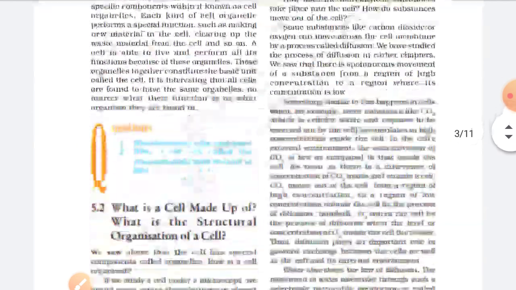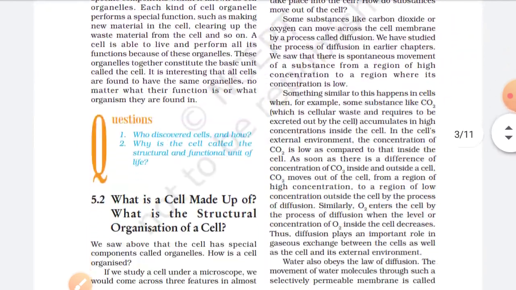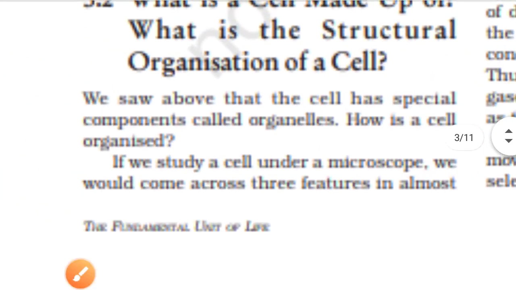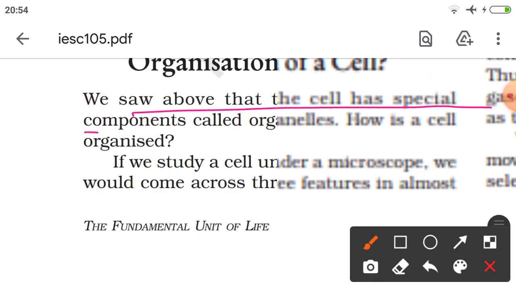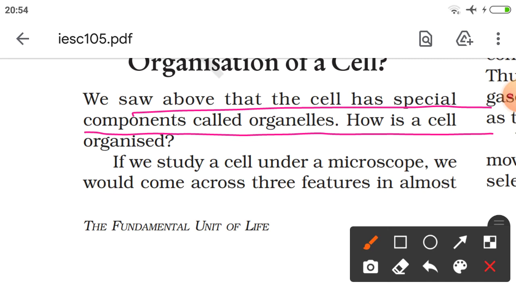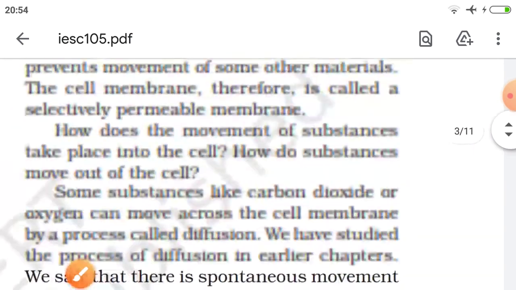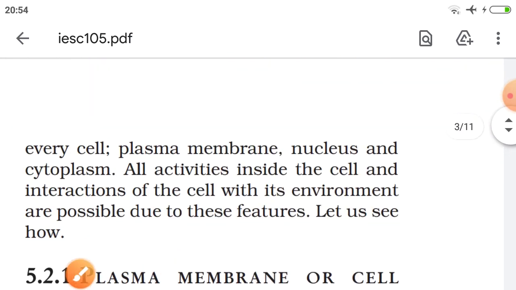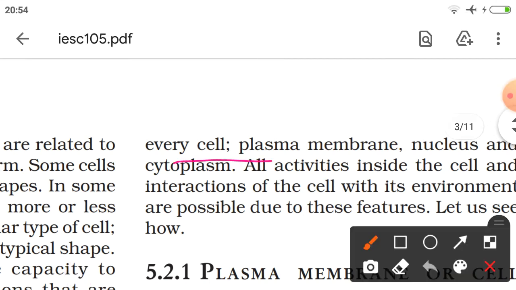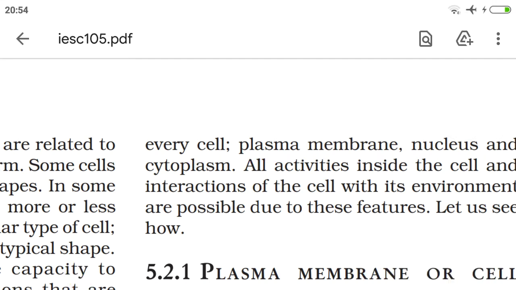So let us start with what cells are made up of. We saw above that the cell has special components called organelles. How is a cell organized? If we study a cell under a microscope, we come across three features almost every cell has: plasma membrane, nucleus, cytoplasm.